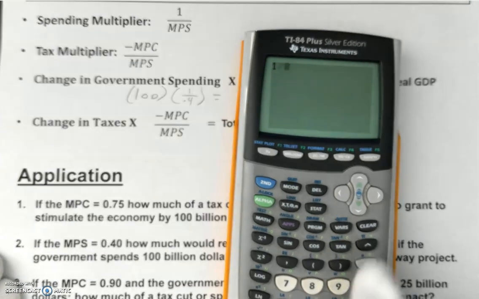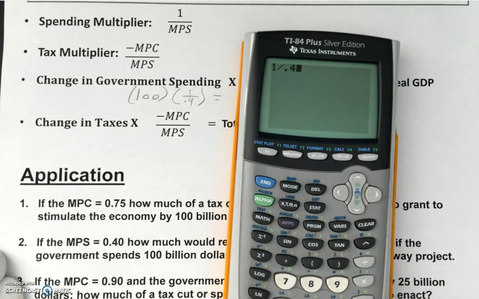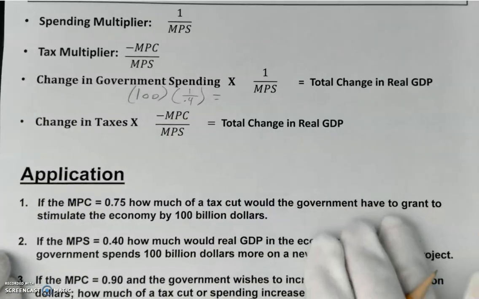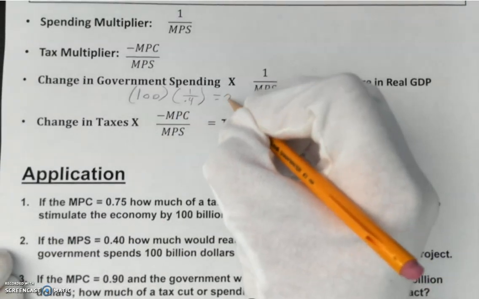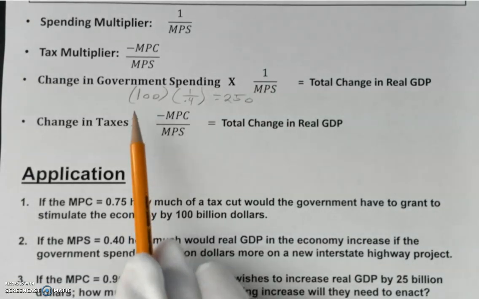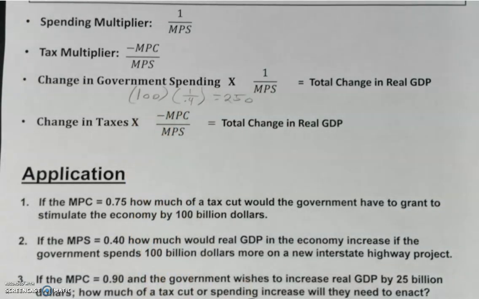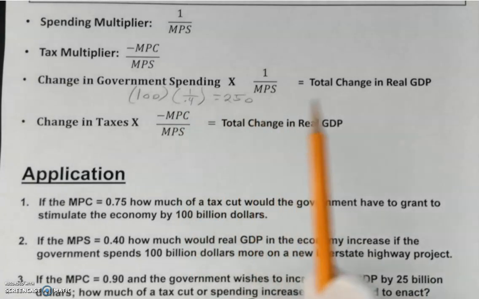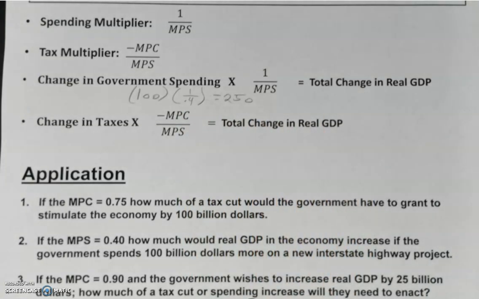So 1 divided by 0.4, you get 2.5. And so 100 times 2.5 is 250. So in other words, if the government spends 100 billion on this new highway project, then they will actually stimulate 250 billion in total GDP. All right, let's go on to the third one.